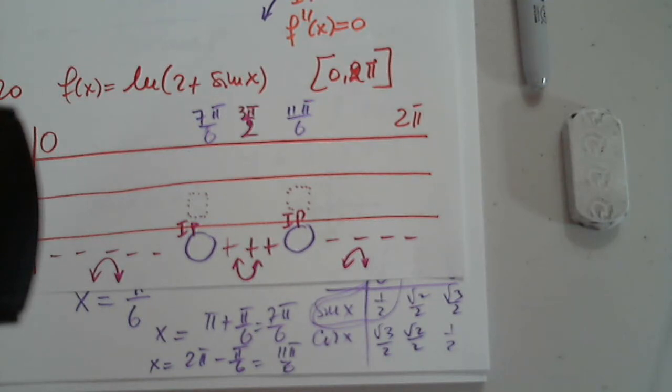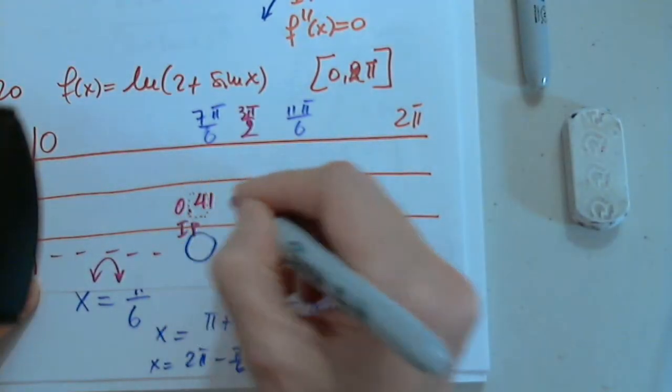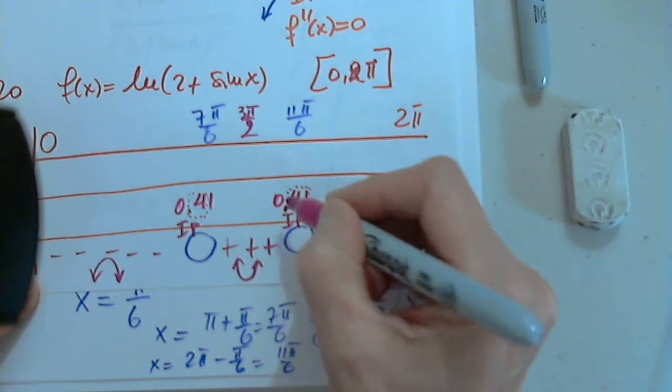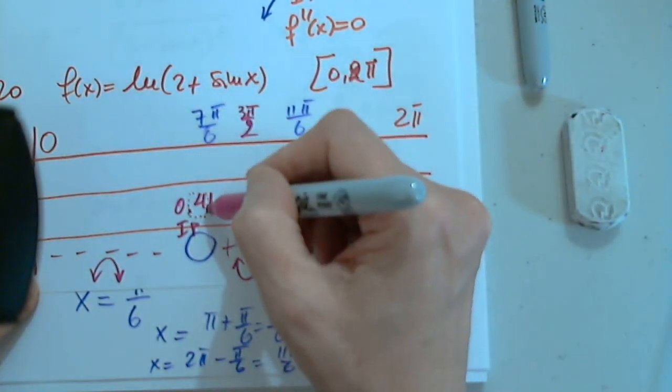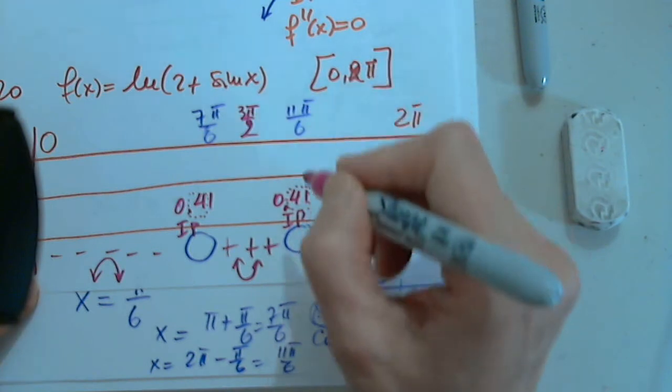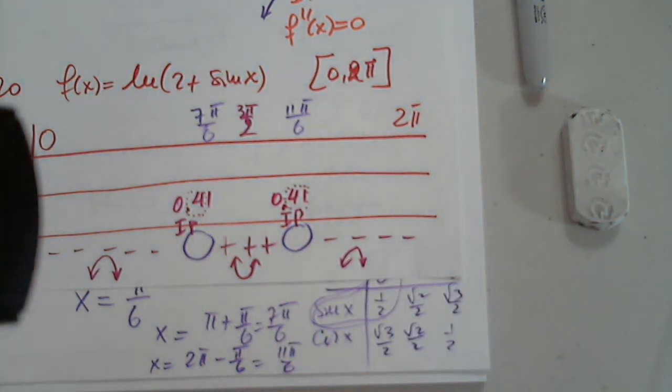Okay, so we had 7 pi over 6 and 11 pi over 6. 0.41, both of them, fine. So 7 pi over 6, 0.41, inflection point. 11 pi over 6, 0.41, another inflection point.